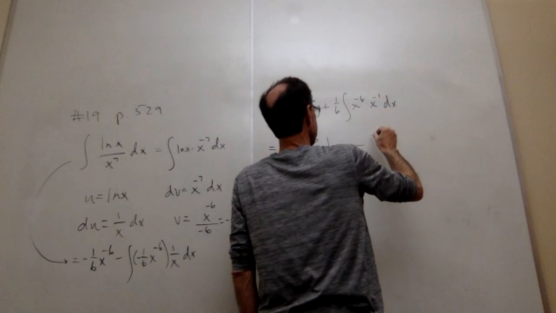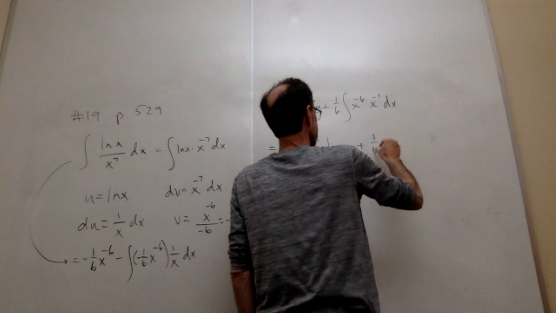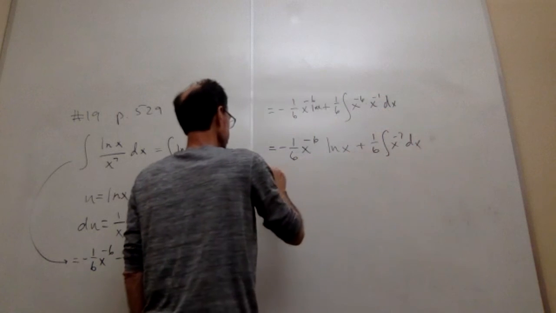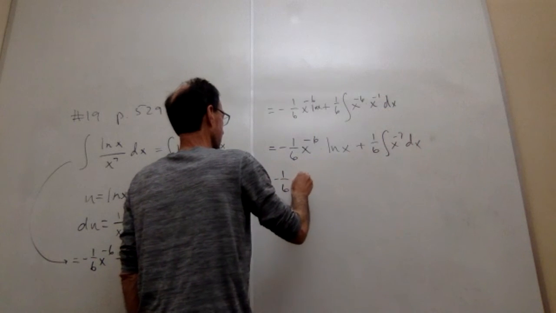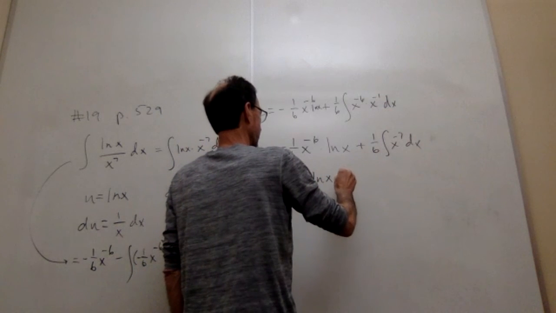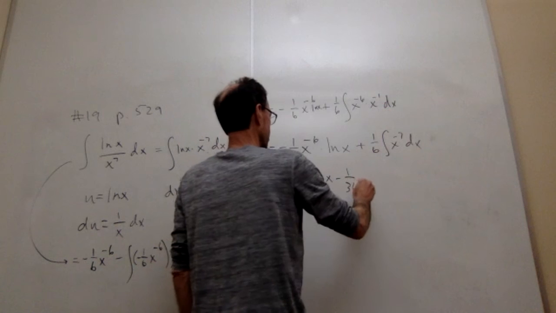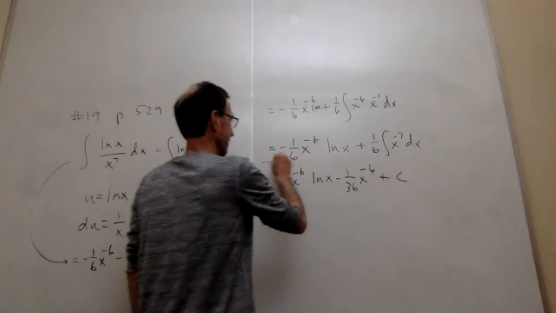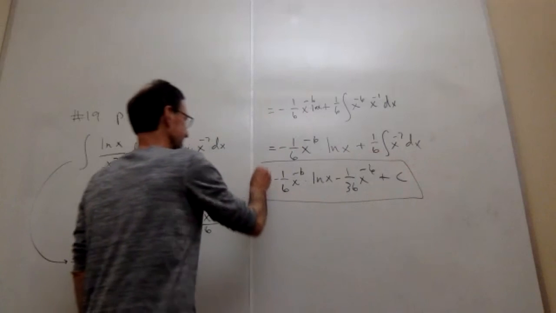So we get plus 1/6 x to the minus 7. Raise the power. And there we go.